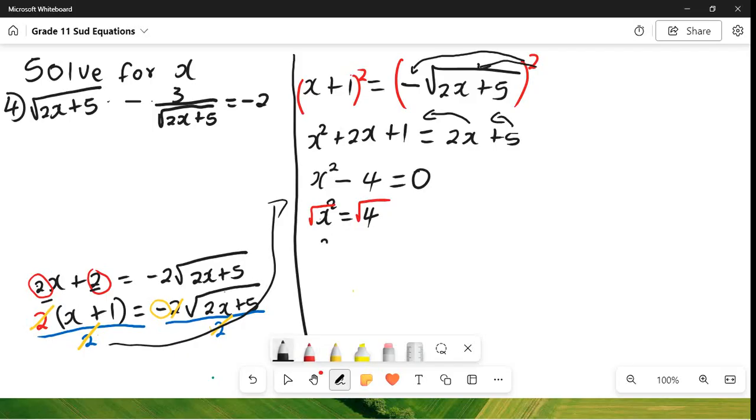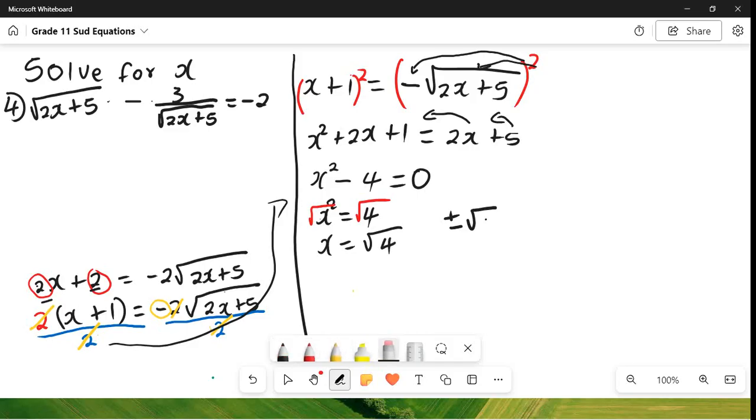So here we are going to have x equals the square root of 2. Whenever you're dealing with a square root, you must remember that a square root has two values. It's plus or minus the square root of whatever that is inside the brackets. I made a mistake here and said the square root of 2 is actually the square root of 4.